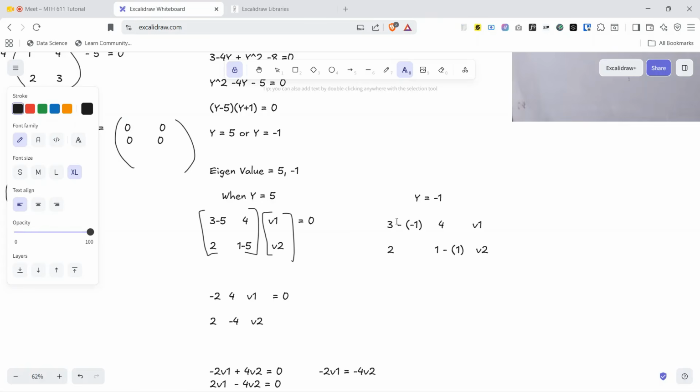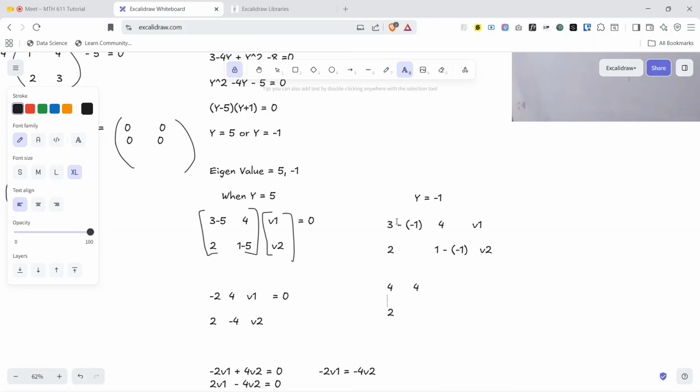Calculating this, 3 minus 1 gives 4, then 2, and 1 minus 1 is supposed to be minus 1.